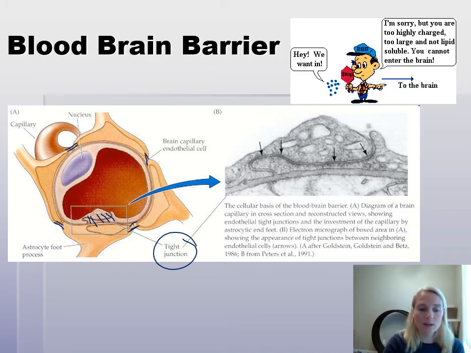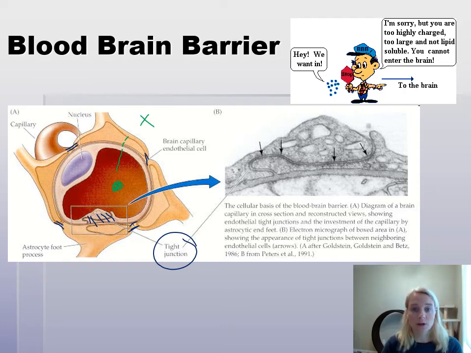So if you are a substance, green circle, and you want to leave the capillary to get into the brain, you probably can't. You'd have to go through the plasma membrane of the endothelial cell twice, and through the plasma membrane of the astrocyte cell twice. So that's 4 plasma membranes you're going to have to get through to make it out into the space where the neurons and other neuroglia are.